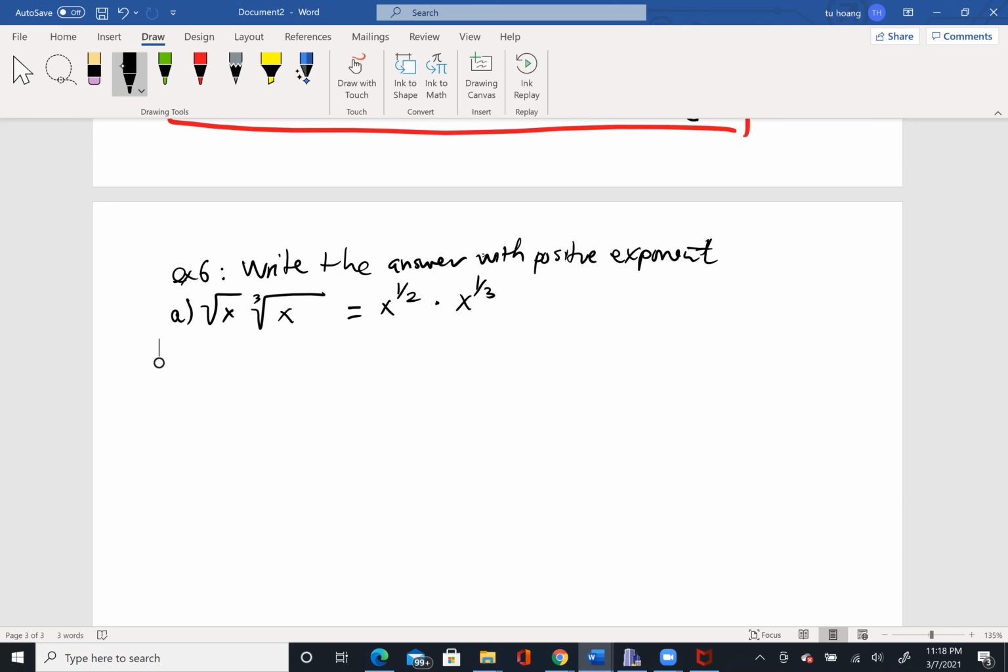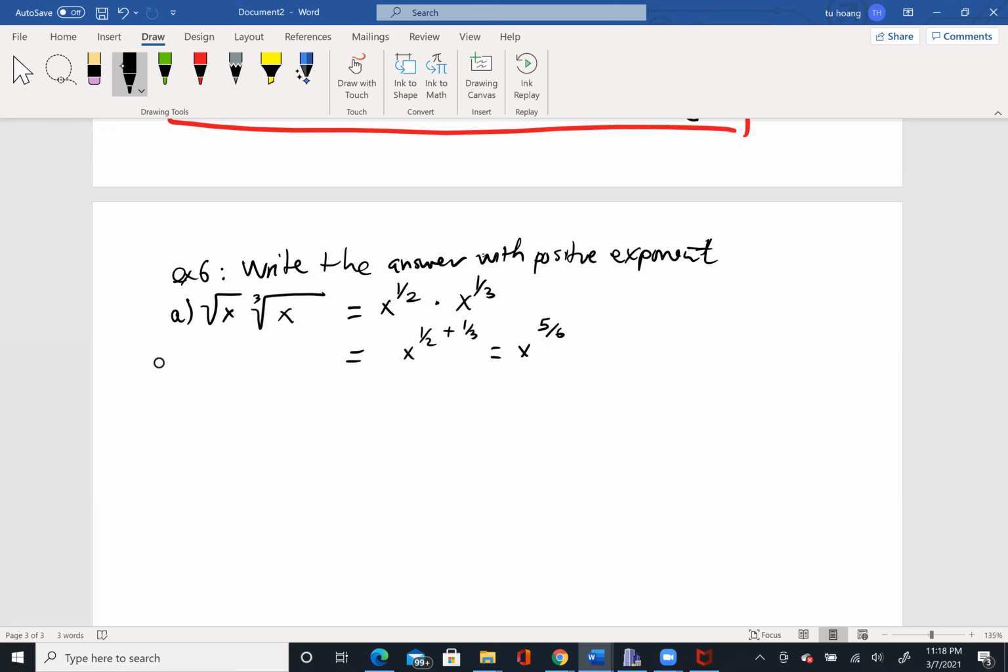This is a rational exponent, right? And if you apply the product rule, you can have x power 1/2 plus 1/3. That can give you x power 5/6 when you simplify, right?